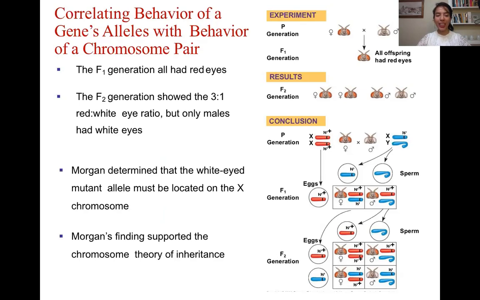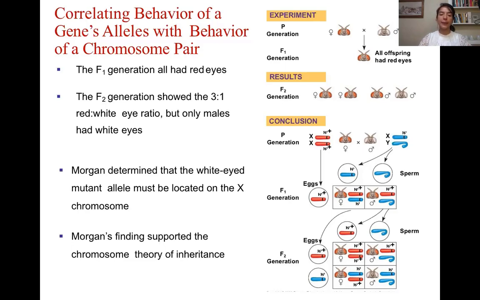Take-home message here is that Morgan determined that the white-eye mutant allele must be located on the X chromosome. Okay, very easy. And the second thing is that this experiment and others that Morgan did supported the chromosome theory of inheritance.